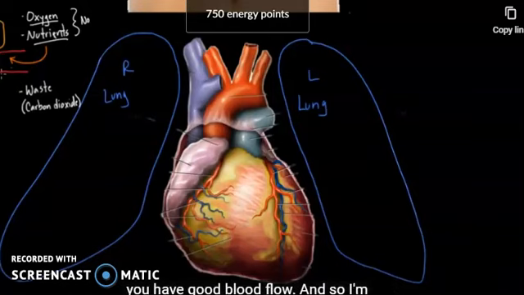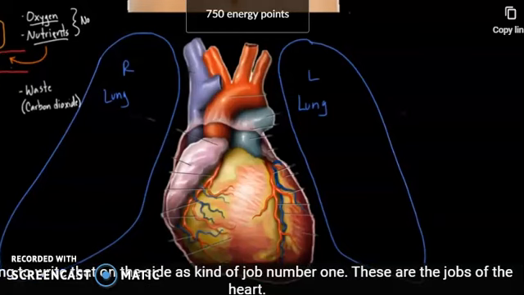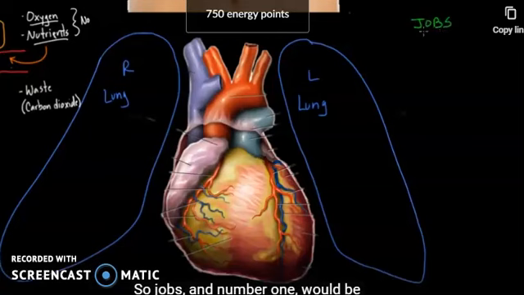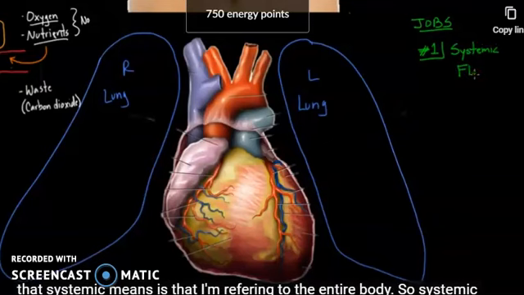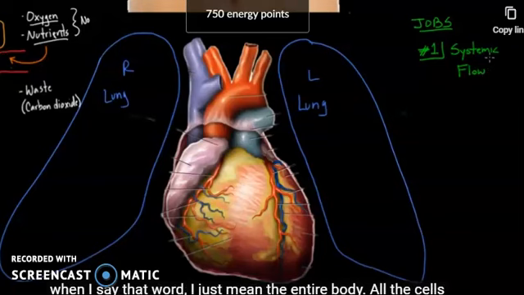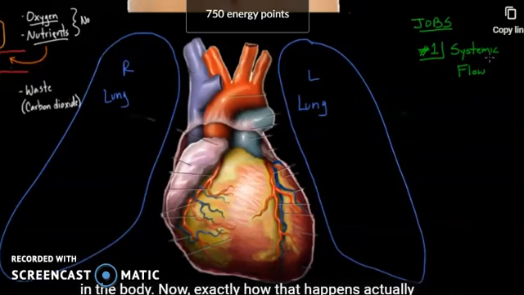Pushing blood inside and outside to regulate your blood flow. There are a number of jobs that the heart performs, and let us list them. Job number 1 is to systematically flow the blood through the entire body. When I say systematic, I just mean the body.